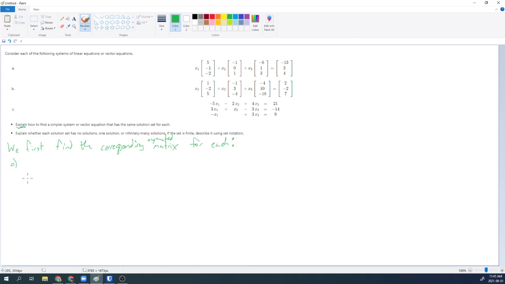For this first one, just take these numbers out of those vectors, put them into columns, and then the equal sign is represented by the vertical bar of the augmented matrix.